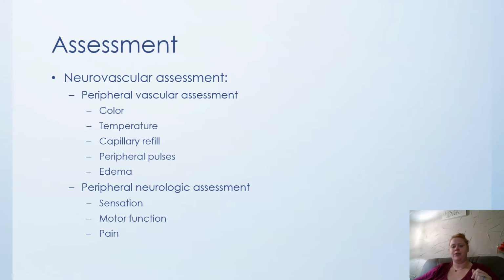Cap refill, make sure there's pedal pulses still, and monitor for edema, because if it swells up, then that puts pressure on the vascular system and makes it more difficult for blood and nutrients to get through. We're also going to look at if they have sensation, motor function, and what causes pain or makes it better.